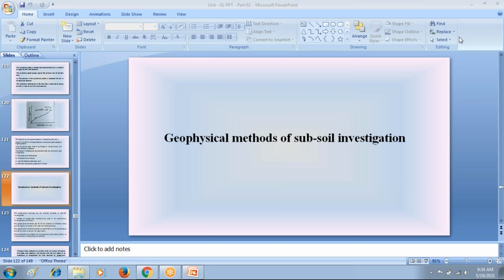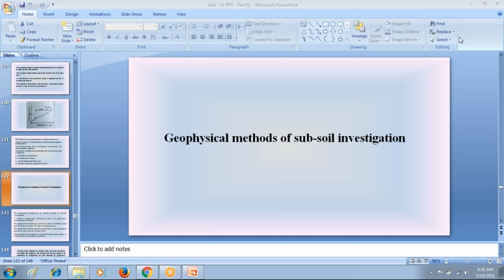Especially, we study the elasticity properties of the soil, the modulus of elasticity, and sometimes the Poisson's ratio also. So in the geophysical methods, not only the index properties and engineering properties, but we also study the elastic properties of soils below the ground level.